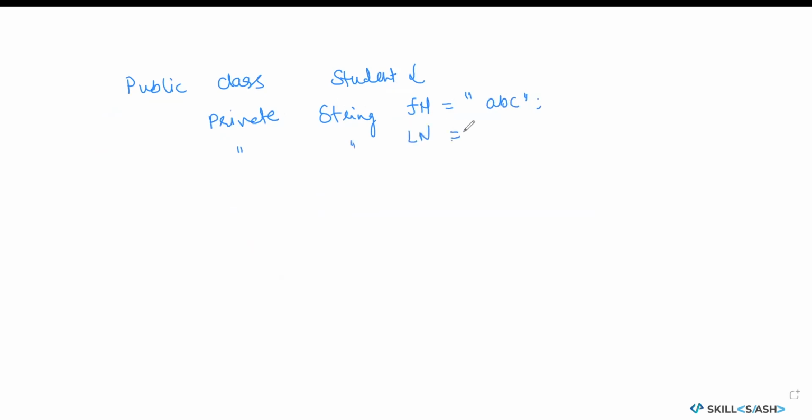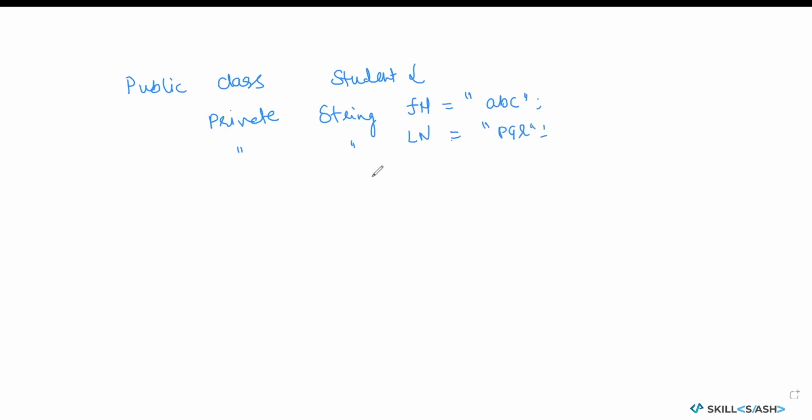If I take an example in a simplistic way, let's say I'm creating a public class Student. In that, I'm creating private String firstName equals ABC and private String lastName equals PQR.